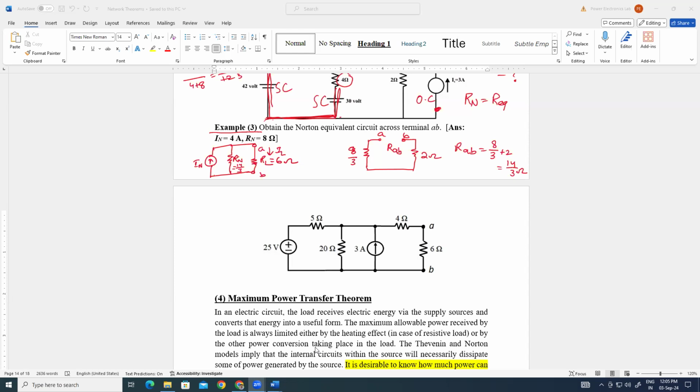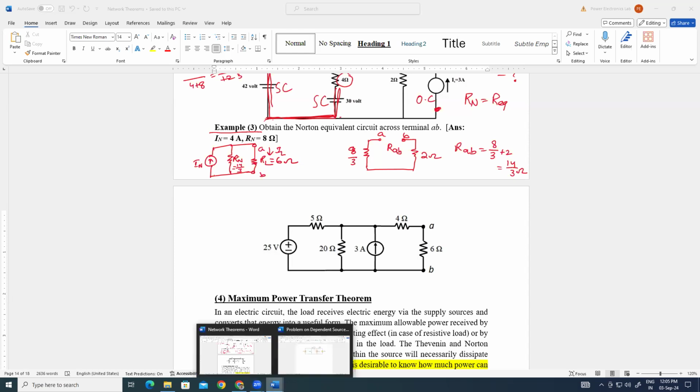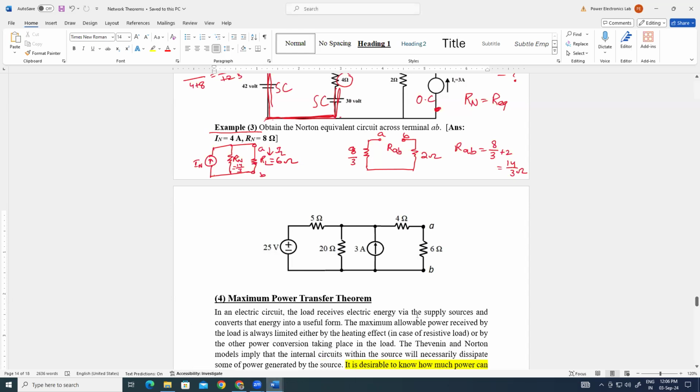Have you tried? No. Or is there any issue in understanding the theorems, how we can apply a theorem?